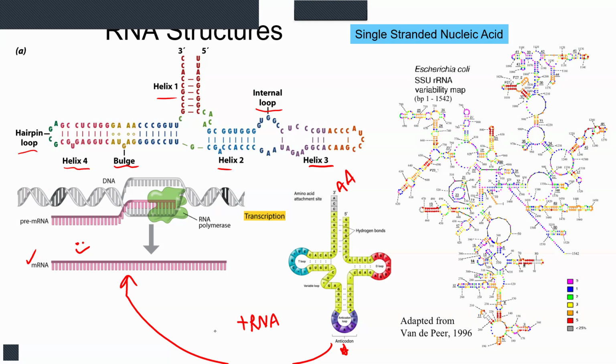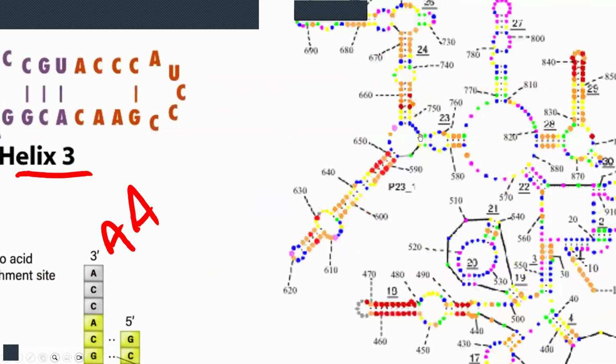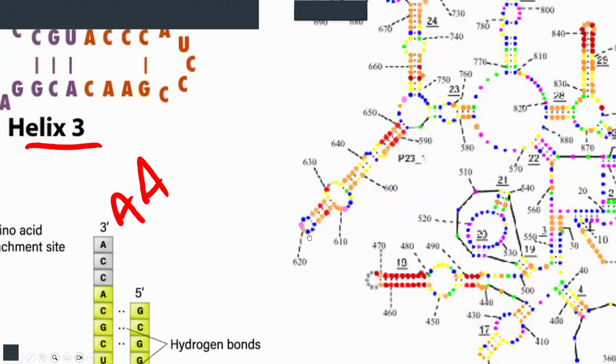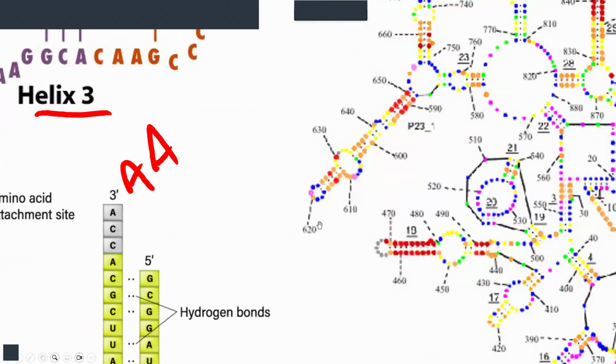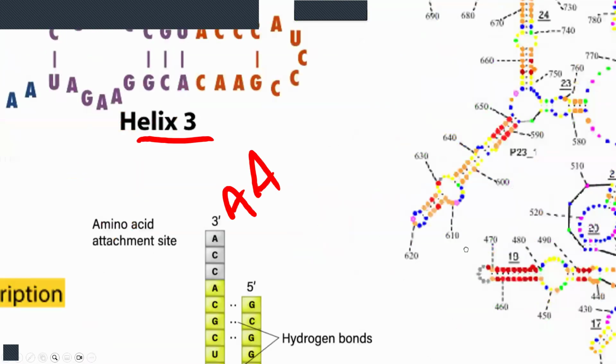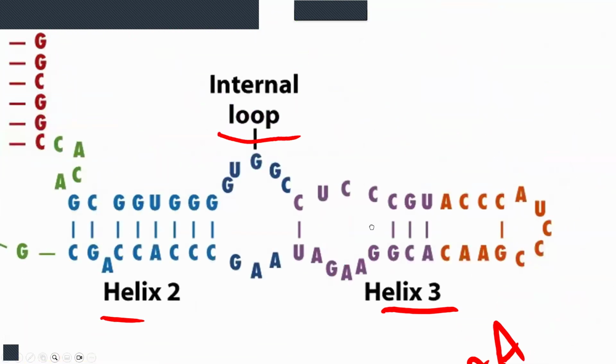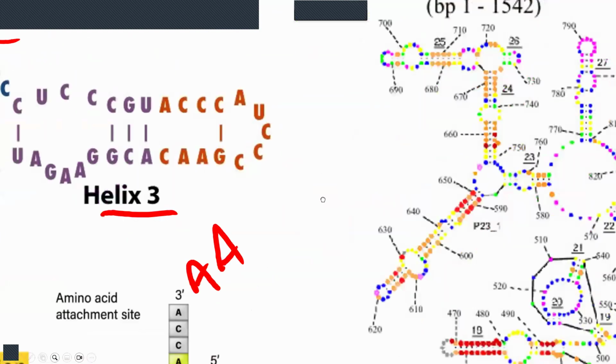I see a bunch of numbers, I see a bunch of circles. You've got to zoom in a little bit to see. This right here, where there's that 620, would be an example of a hairpin loop. Between 630 and 610, that's where we've got one of those internal loops.